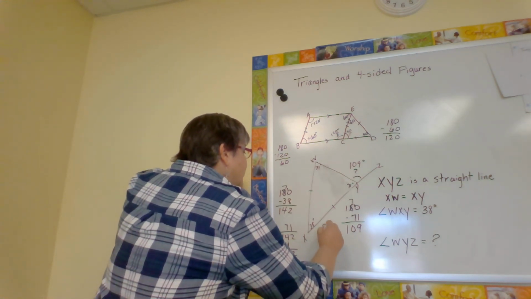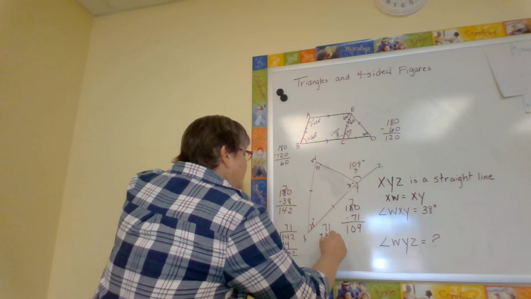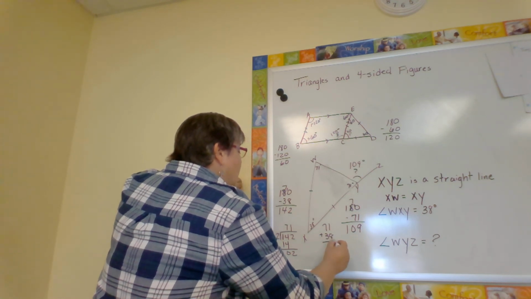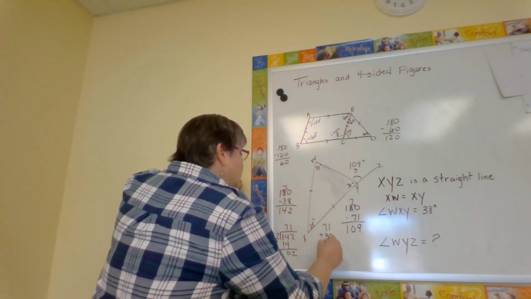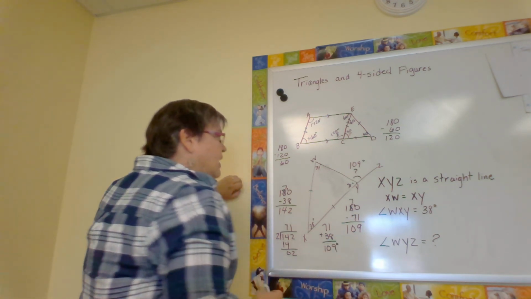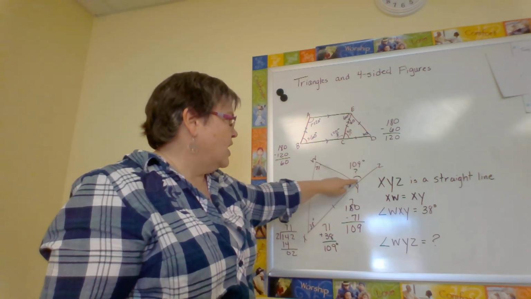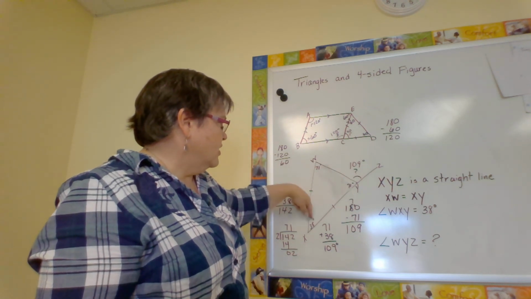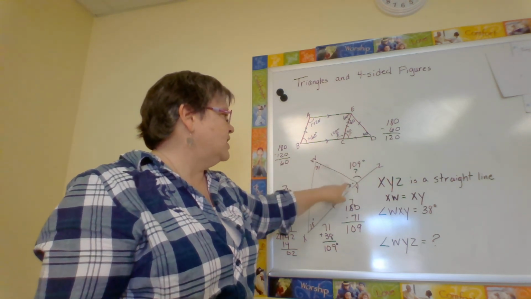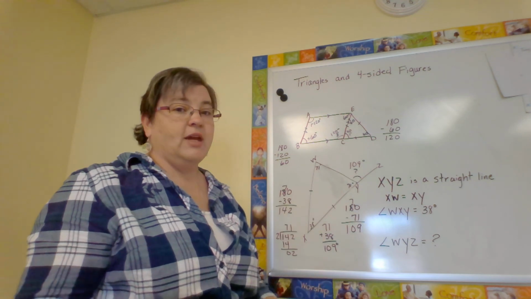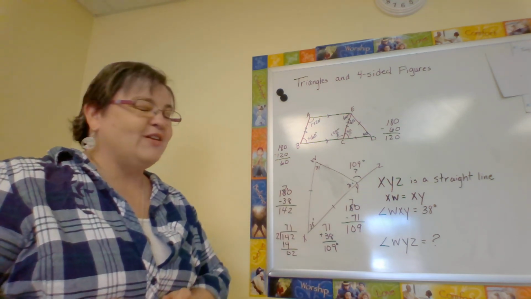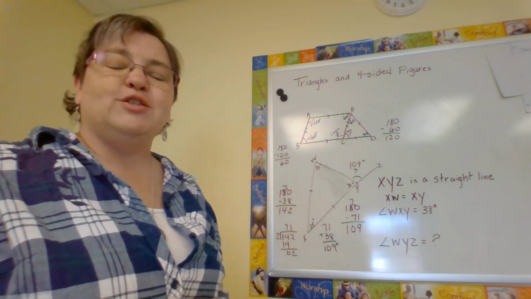So let's see if 71 plus 38 also equal 109. 8 plus 1 is 9, 7 plus 3 is 10. Ta-da! So there were two ways to find that angle. I could use opposite interior, or I could use the definition of a straight line. Okay, we're moving on. We're not going to do too much more.